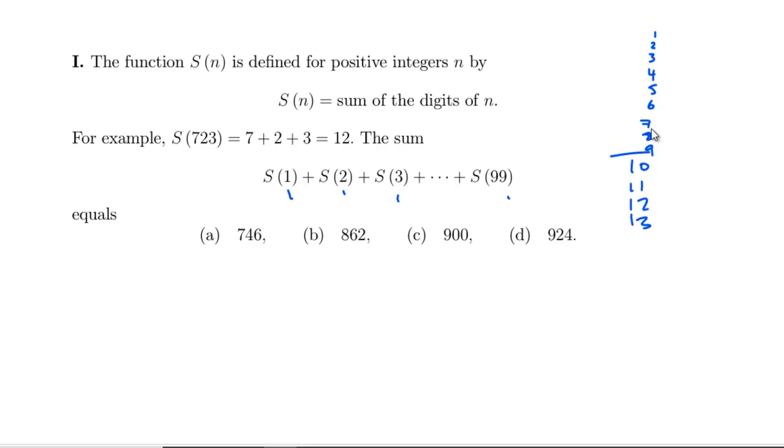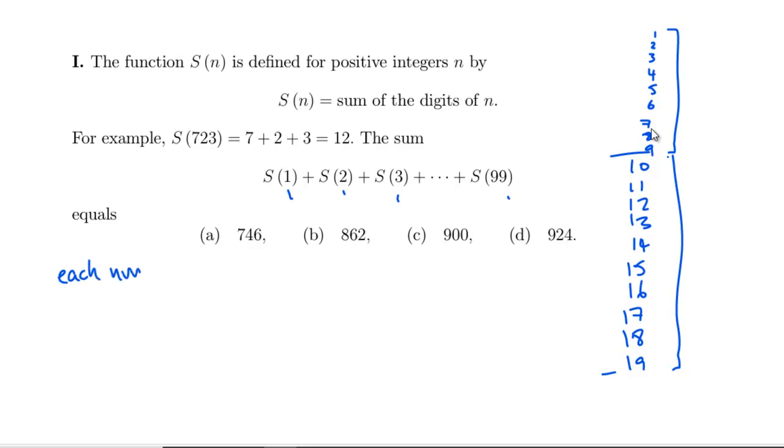So yeah, we're getting blocks here. We're doing 1 to 9, so we're getting one of each number. When we go into the next block, we're going to be doing the same again. We're going to get one of each number plus 10 lots of 1. So we're going to be doing 10 blocks of each number. So we've got each number times 10.